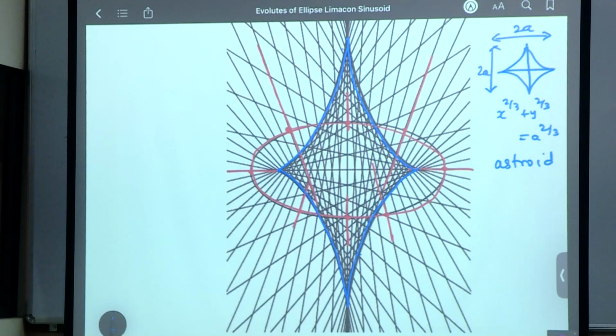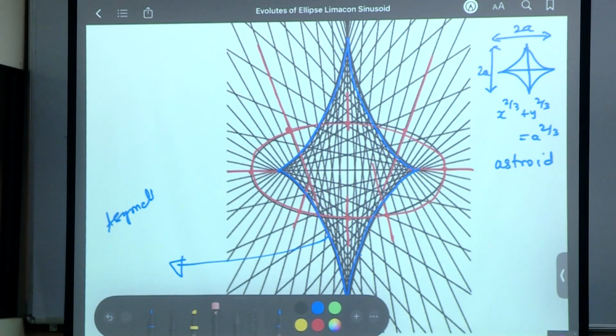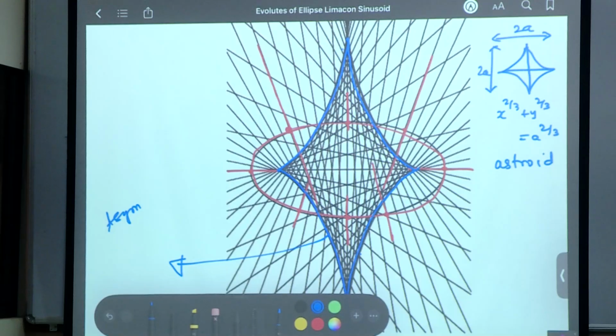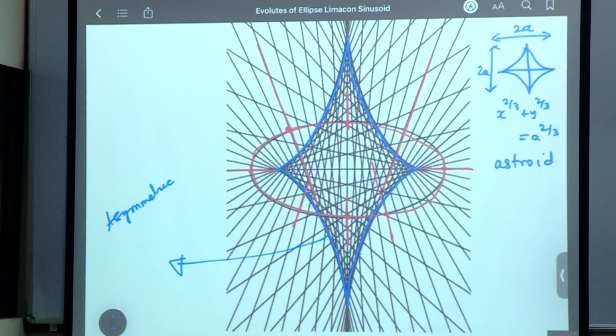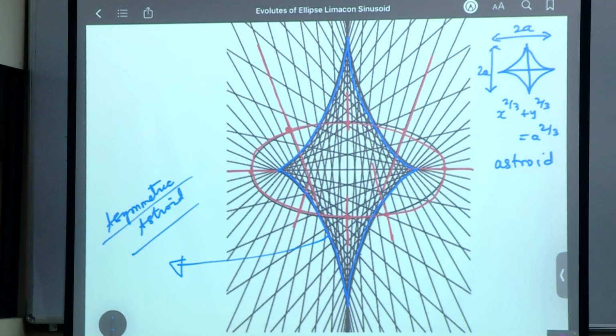And what you get in this case is what is called an asymmetric asteroid. Okay, it's asymmetric in the sense that, of course, it is also symmetric about both the axes, so it's not asymmetric in that sense.